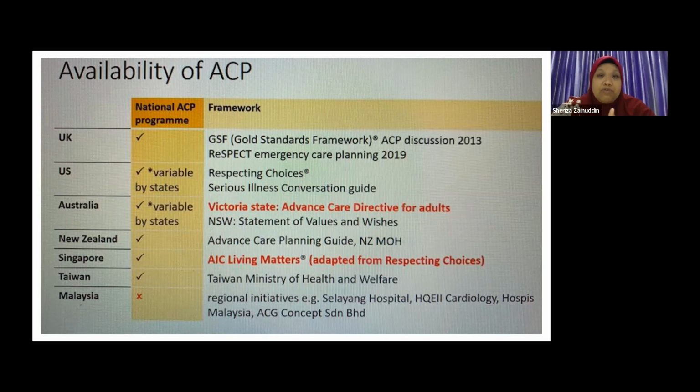However, there have been regional initiatives by several organizations, such as Hospital Selayang in Kuala Lumpur, in Sarawak, in Sabah, and also Hospice Malaysia. However, it has not been a national program. I think it's still very new. However, this ACP should be well known to all healthcare providers and sensitized so that it can be given to all patients in need of ACP.